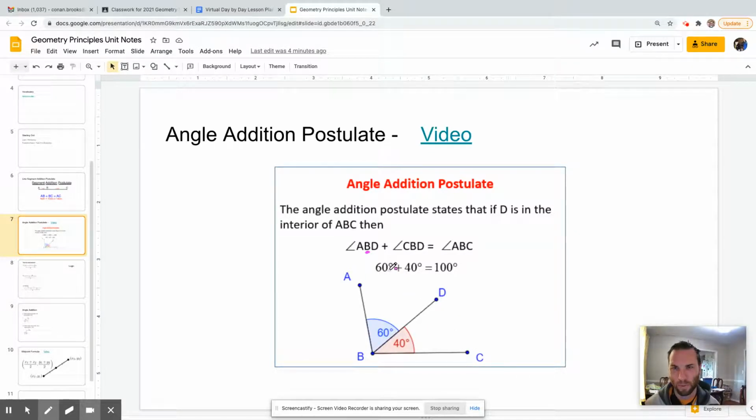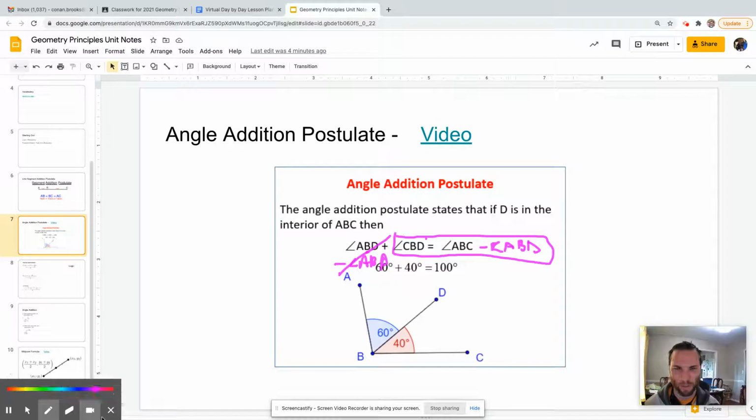And so likewise, you can always subtract one of these off. Like if you subtracted off the first angle, ABD, from both sides, then this becomes true. Okay, so you can rewrite this three different ways also.